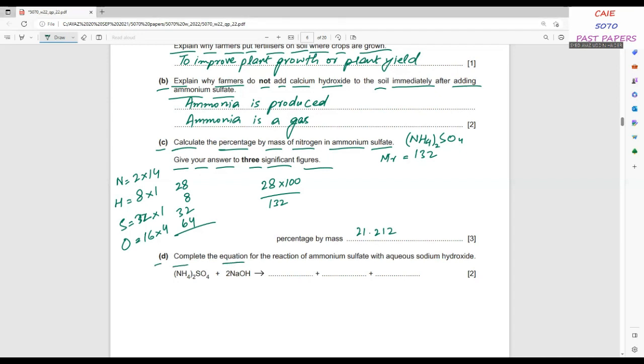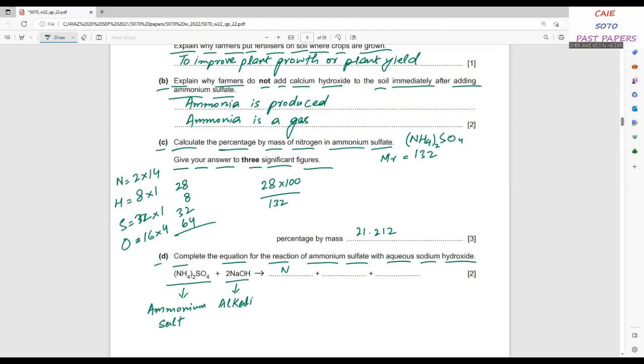D. Complete the equation for the reaction of ammonium sulfate with aqueous sodium hydroxide. Sodium hydroxide is an alkali. Whenever we react an alkali with ammonium salts, the common products are water and ammonia.